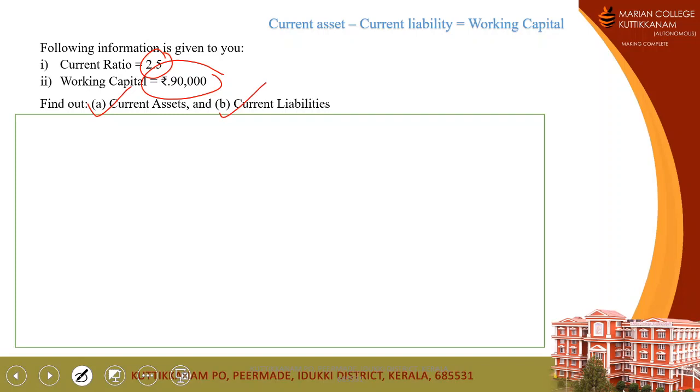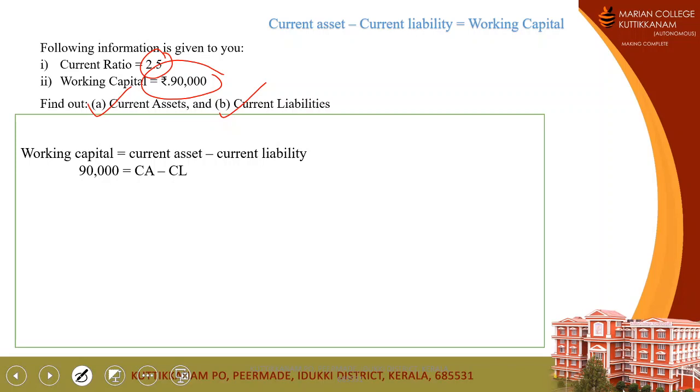So we know that working capital equals current asset minus current liability. That means from the given information we can write 90,000 equals current asset minus current liability.